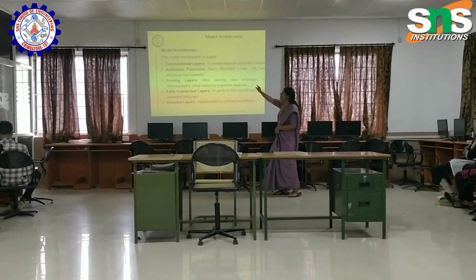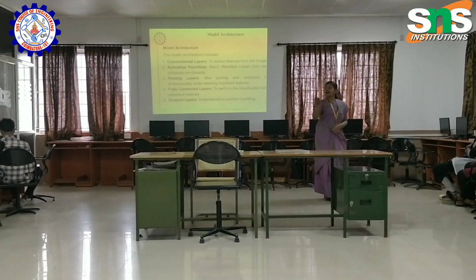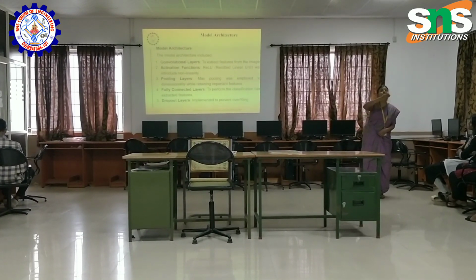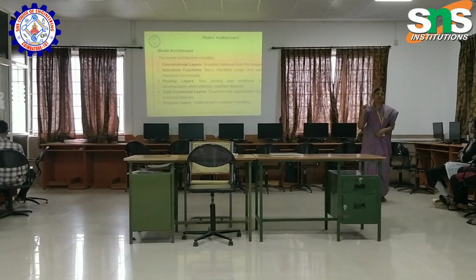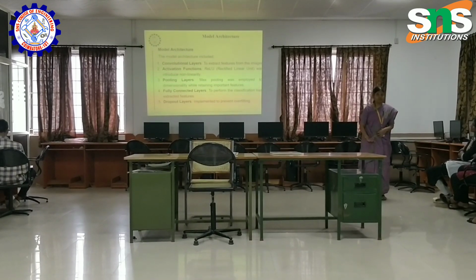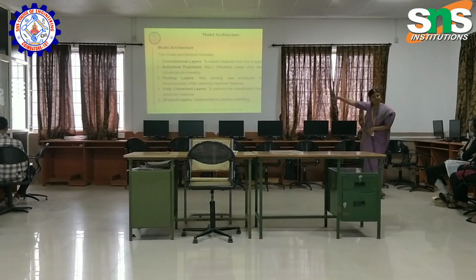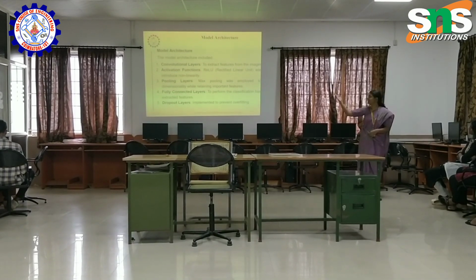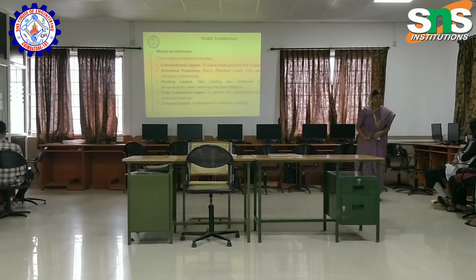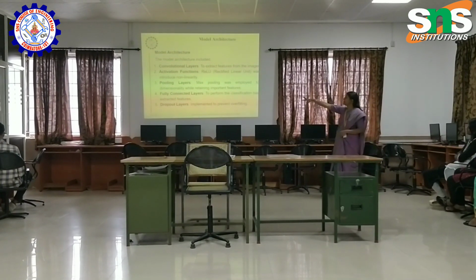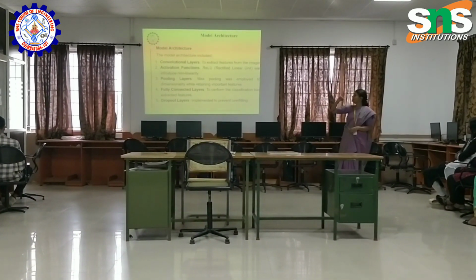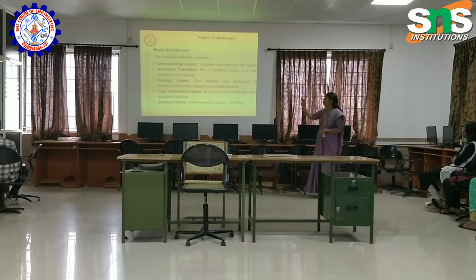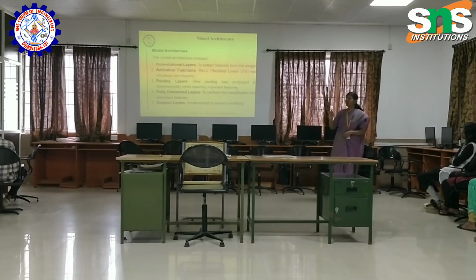Activation function. Here I already told you the rectified linear unit is used to convert the linear function to a non-linear thing in the data set for easy classification. So here we are using the rectified linear unit. There are many functions present. Those are mathematical calculations. Then pooling layers. Max pooling was employed to reduce dimensionality while retaining important features.